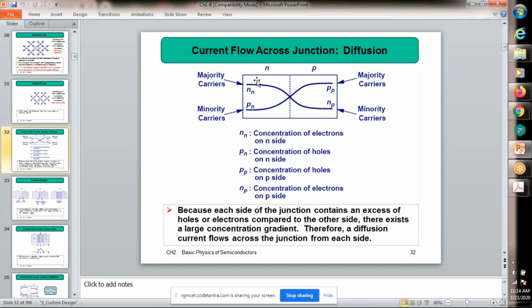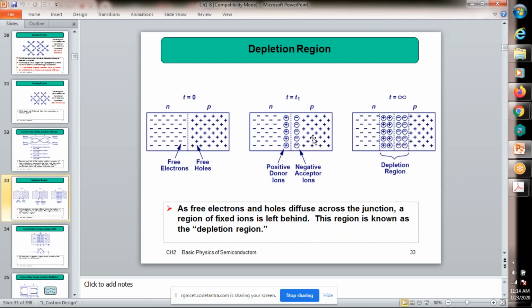So from the n side electrons diffuse into the p side. Similarly, from the p side holes diffuse into the n side. Like this, there is a diffusion current flowing through the junction due to both electrons as well as holes. Now slowly, observe here, this is at t equal to 0, just when we join the n-type and p-type materials. Now at t equal to t1.